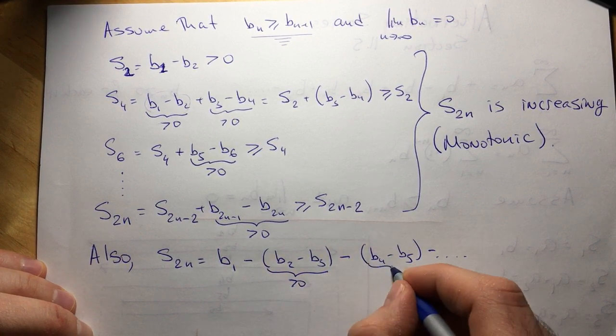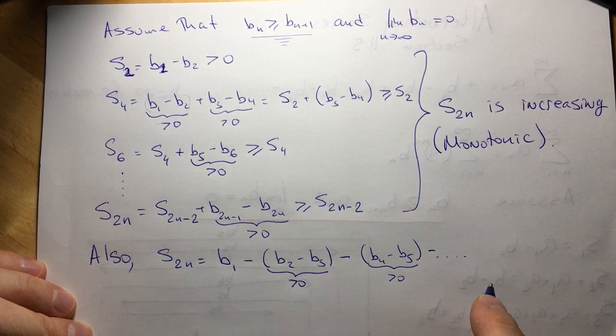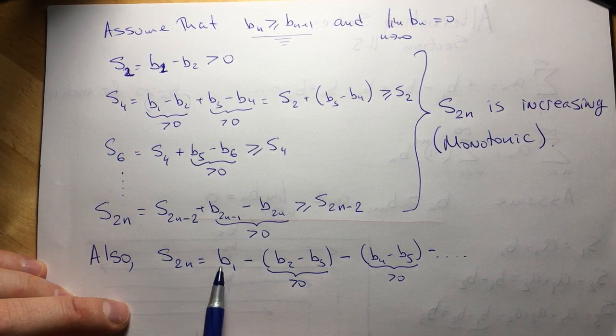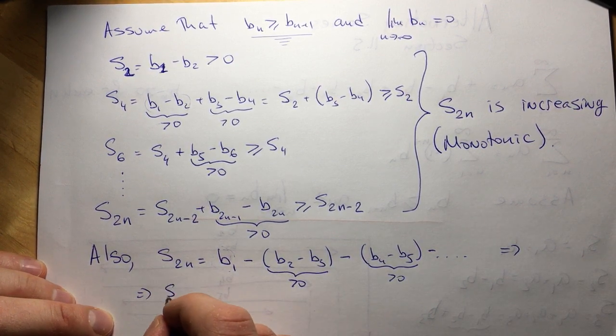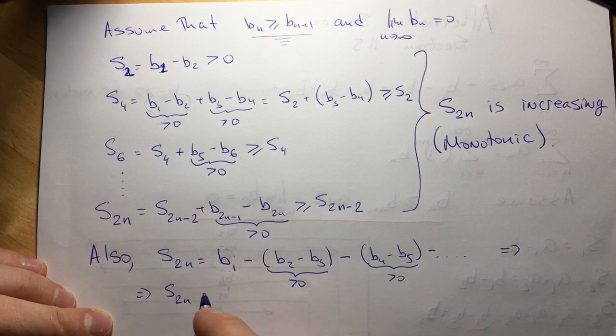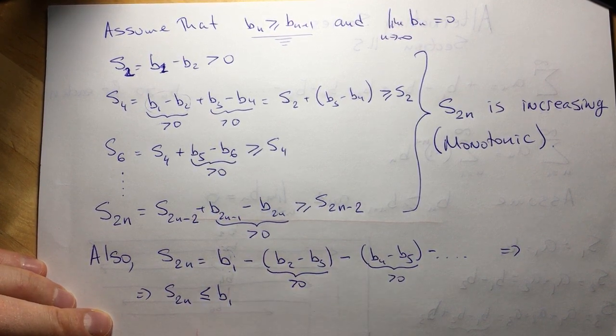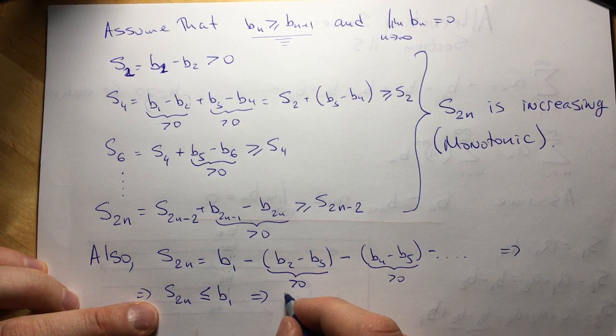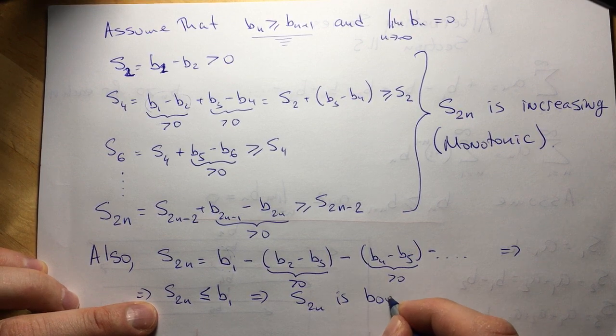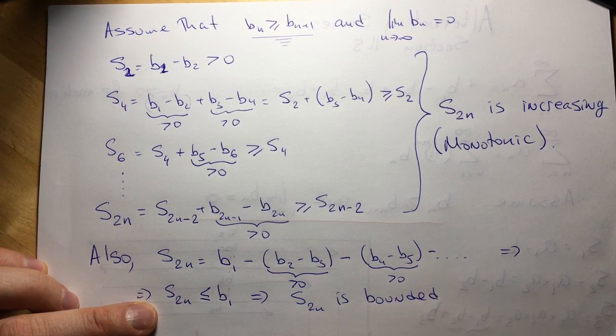This is positive, this is positive, and so on. So basically S of 2n is some positive value B1 minus positive terms, which means it implies that S of 2n is less or equal to B1. Or on the other hand, from here it means that this subsequence S of 2n is bounded, right? Because it's also greater or equal to 0.